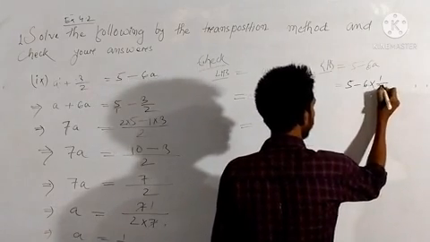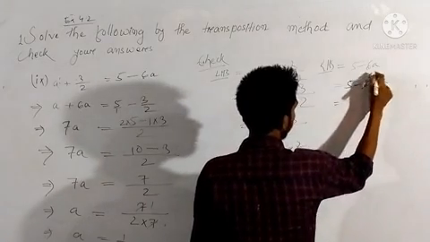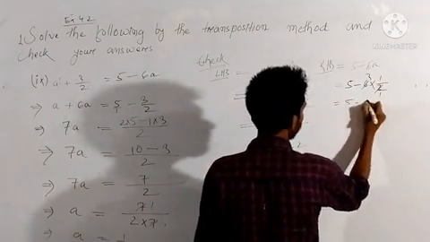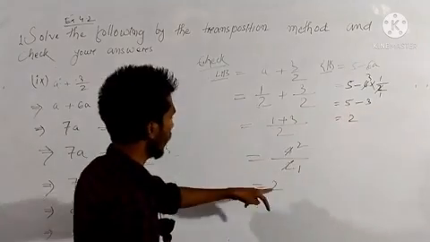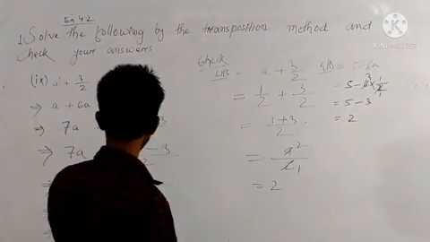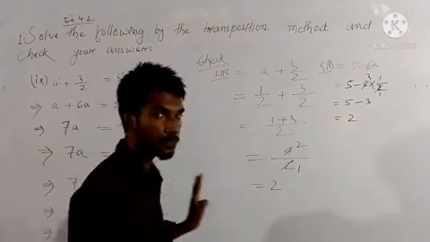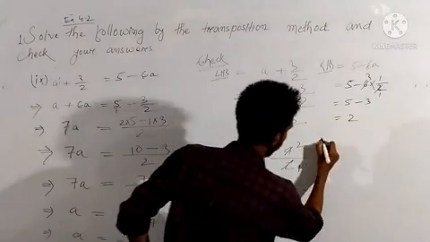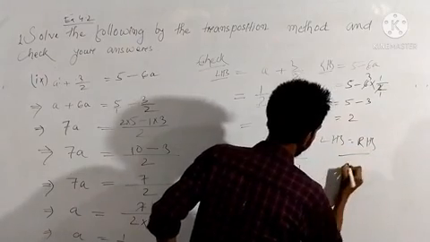So now calculate this: 2 1s are 2, 2 3s are 6. Now multiply 3 into 1, 5 minus 3 into 1, the value is 2. So the value of the left hand side and the right hand side is equal. That means the answer must be correct. So the left hand side equals the right hand side. Checked.